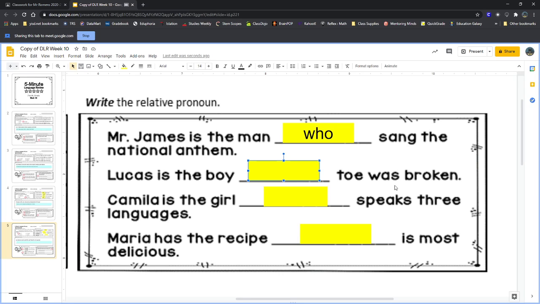Whose. If it was who, it's like we're asking who does this belong to, but we know the toe. The toe is attached to the person, so it's very easy to figure out who the toe belongs to. So this one should be whose. Lucas is the boy whose toe was broken.